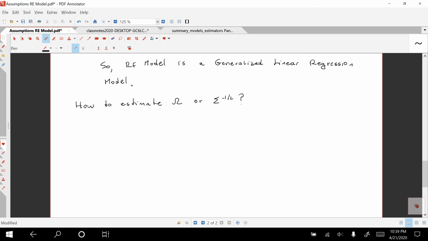Basically, asking how to estimate omega, or sigma to the 1/2, is the same as asking how to estimate sigma mu hat square and sigma epsilon square.